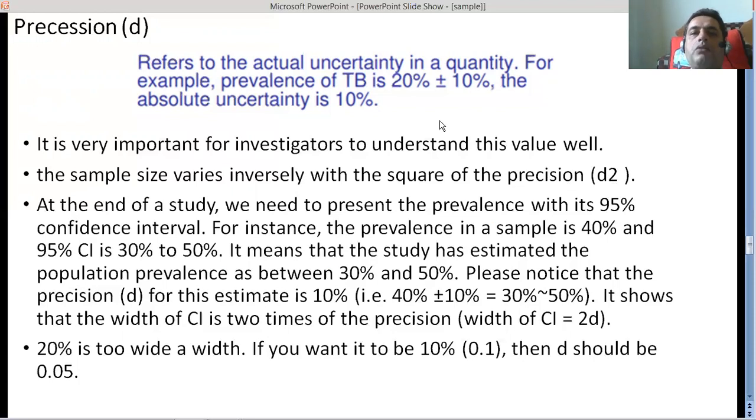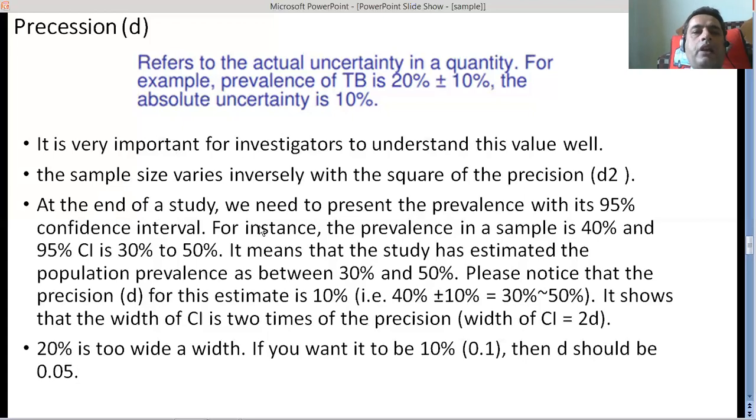That's why it's very important to be precise about your sample size. Precision, we also call it the margin of error, so you should define the margin of error. It's very important for the study to define the margin of error, and in that case, people can decide about the reliability of the data that is being studied.